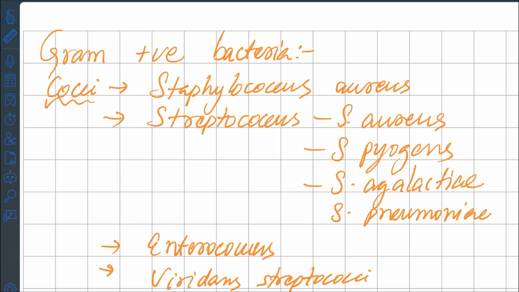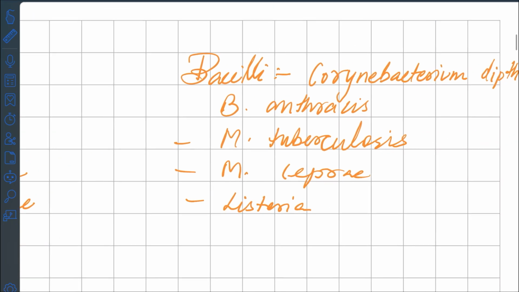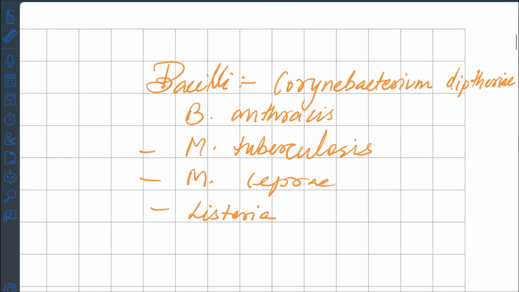These are the gram positive cocci. Coming to gram positive bacilli, they include Corynebacterium diphtheriae, Bacillus anthracis, Mycobacterium tuberculosis, Mycobacterium leprae, and Listeria.